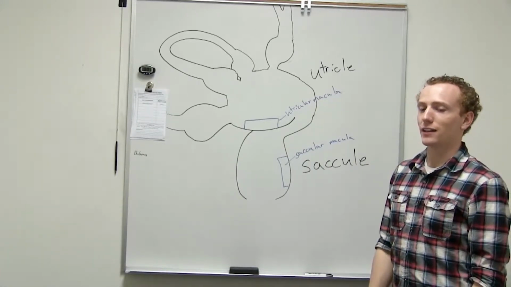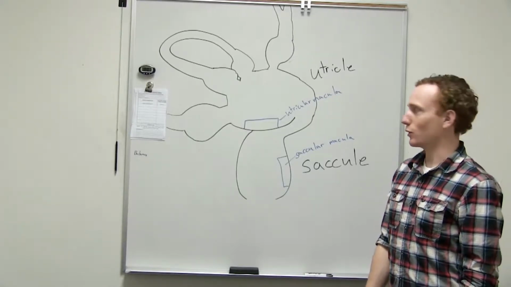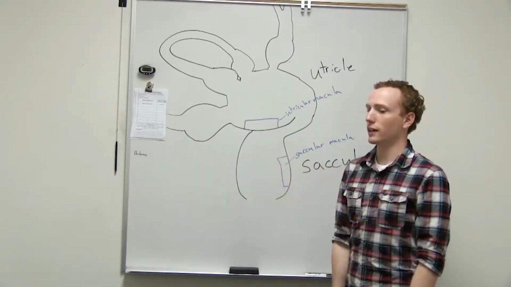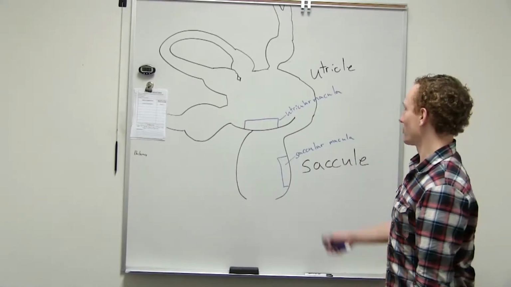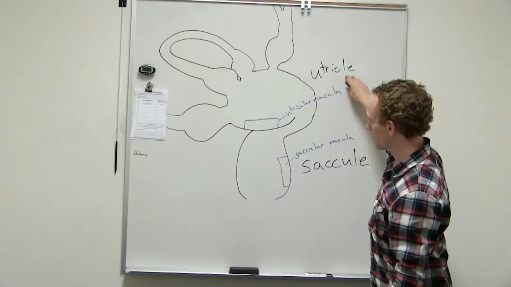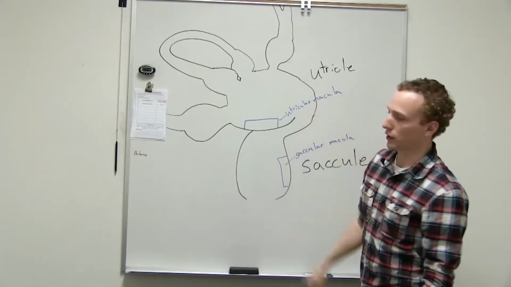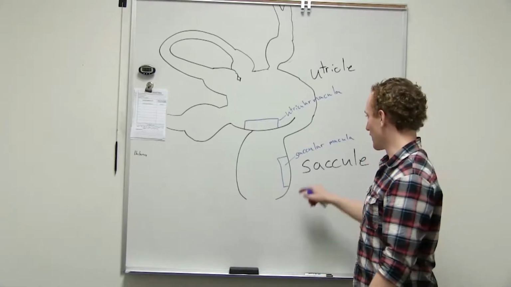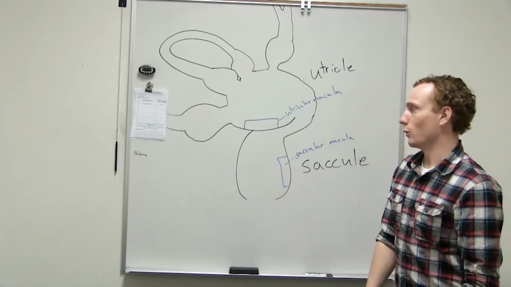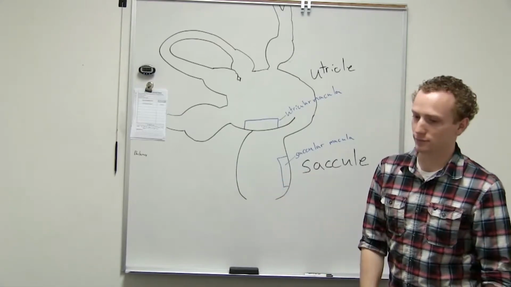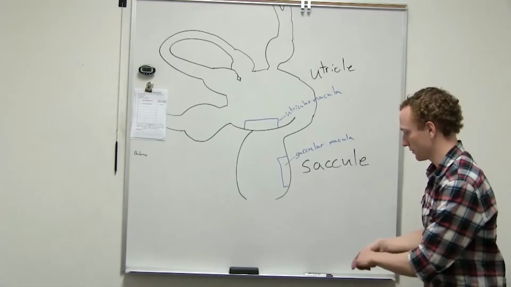Great question. Macula means yellow spot. So if this was accurate, I think those would be yellow. So inside my utricle, I've got a utricular macula, a yellow spot in there, and inside my saccule, I've got a saccular macula. A yellow spot.